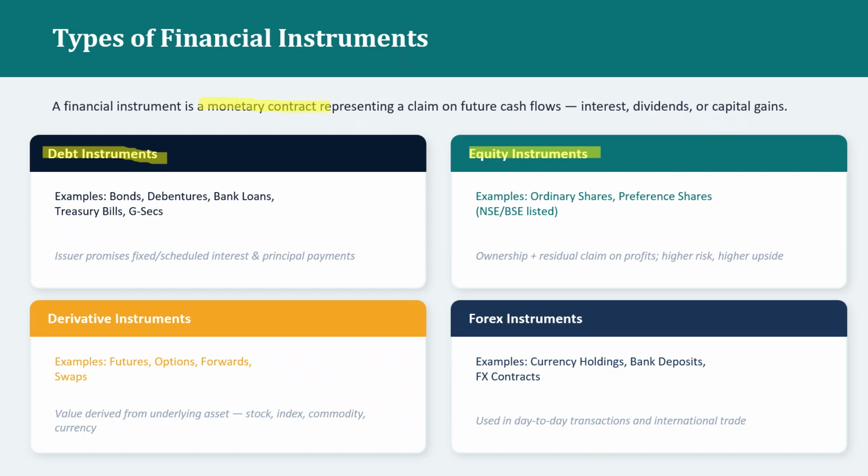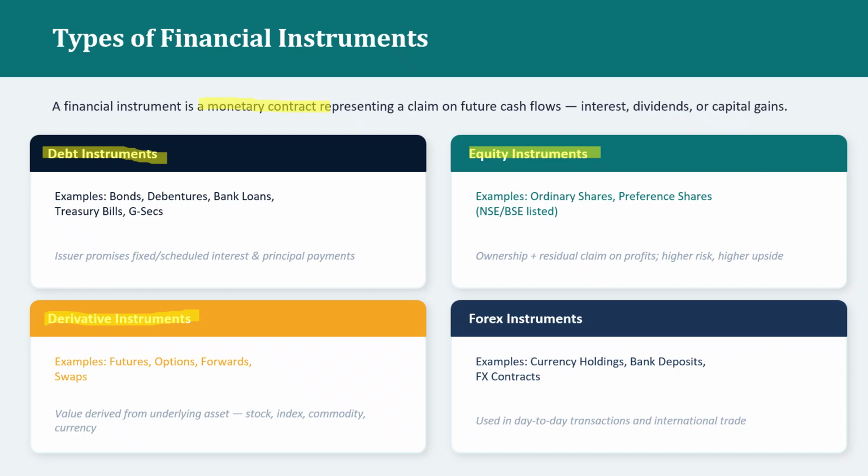Now let us move on to the third financial instrument, that is the derivative instruments. The word derivative itself tells you the main idea: the value of a derivative is derived from an underlying asset such as a stock, an index like Nifty, a commodity, or a currency.